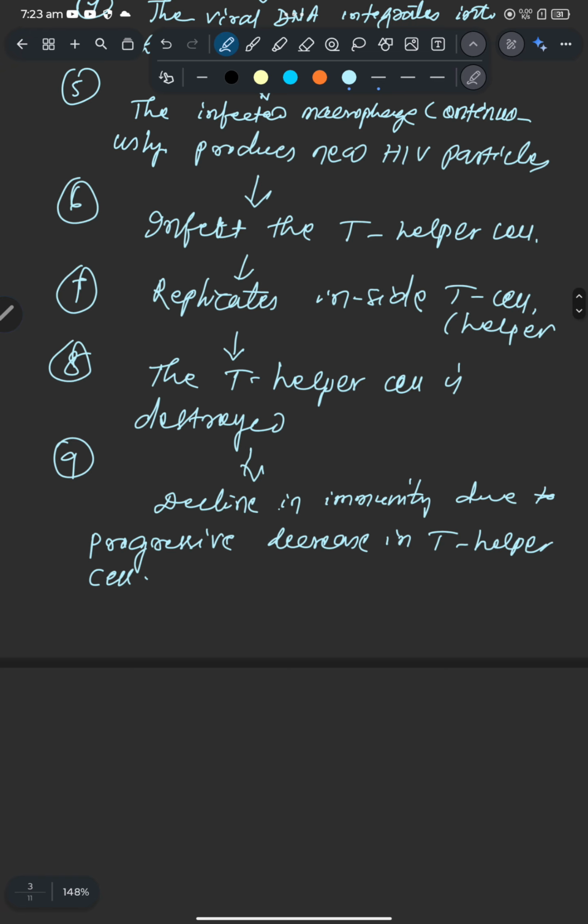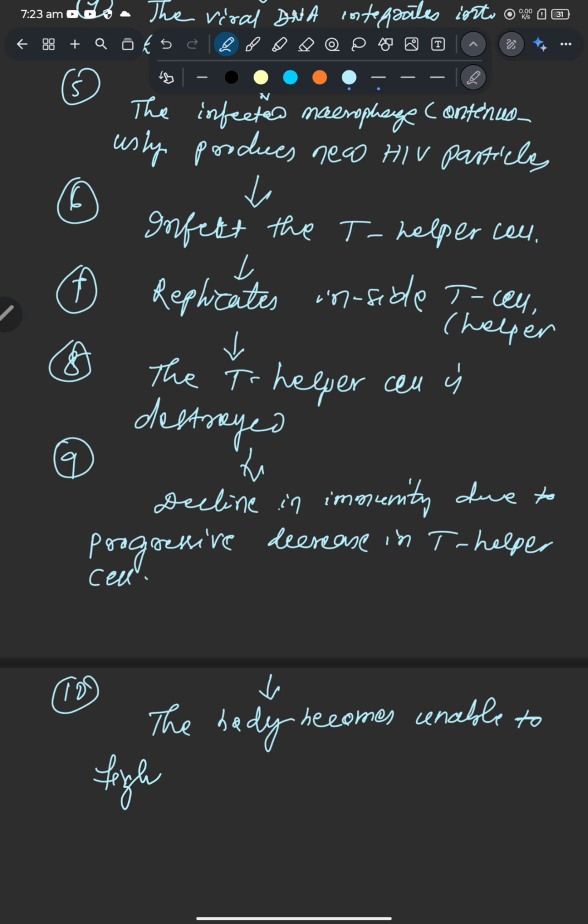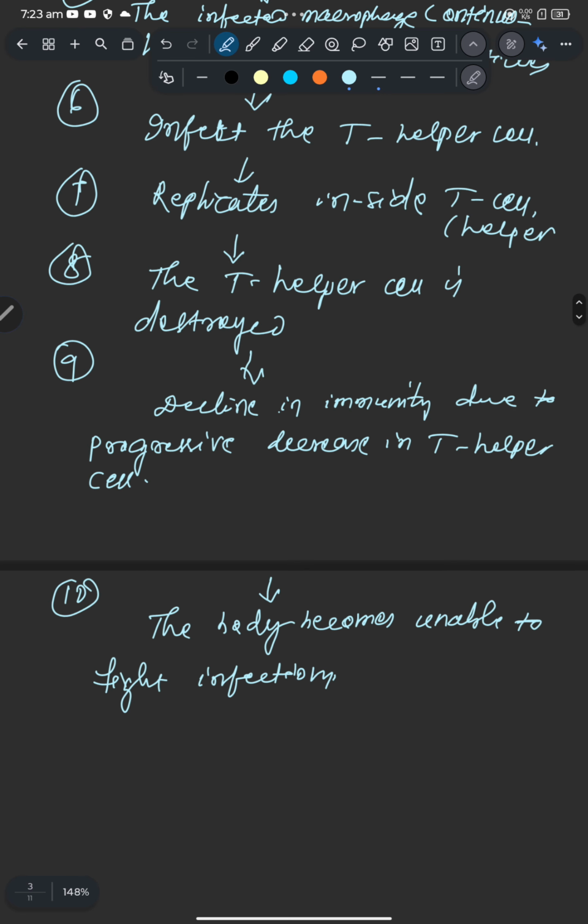Next step, the body becomes unable to fight other infections, and what happens?